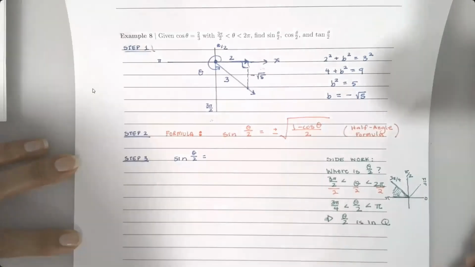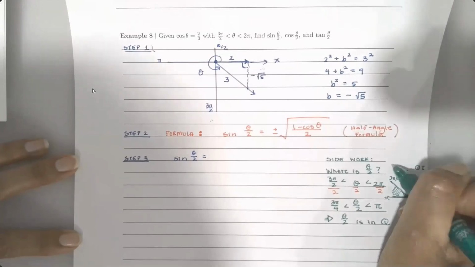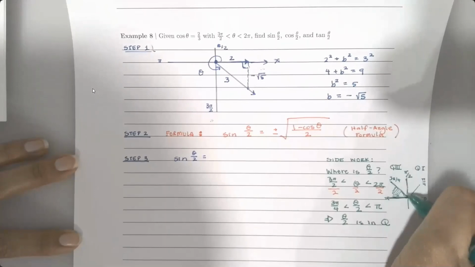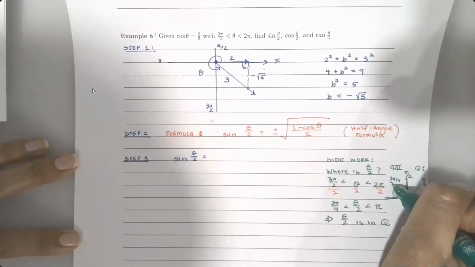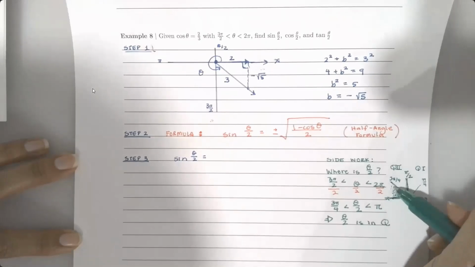Well, that would be quadrant number 2, right? Because this is quadrant 1, this is quadrant 2. This whole thing is quadrant 2. So even though technically the angle is between 3 pi over 4 and pi, it's still just quadrant 2.